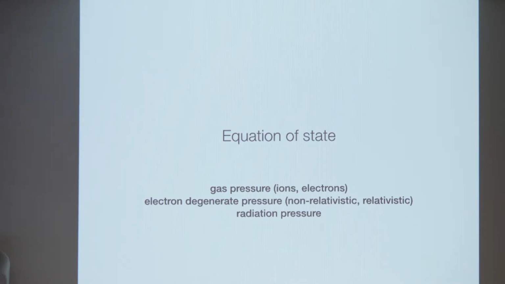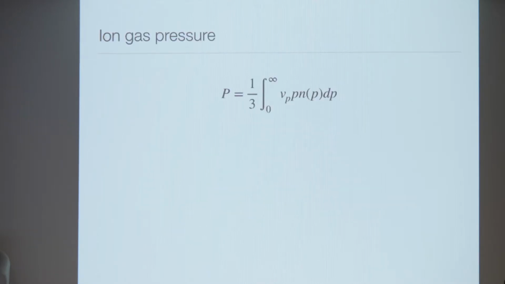And of course there's radiation in the star, and radiation pressure can also be very important. We will overview these equations of state here, which is important to understand stellar evolution theory.